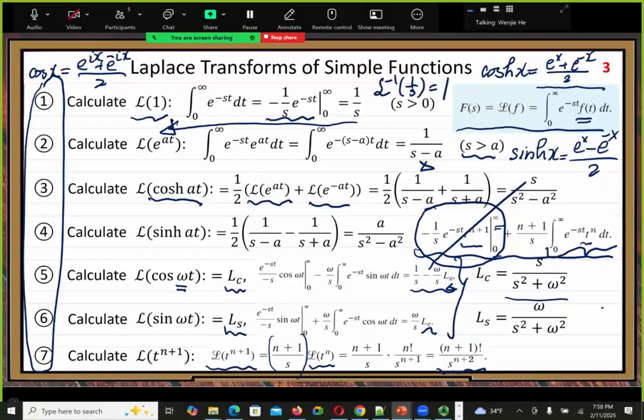You just swap input and output. For this one, the inverse Laplace transform of 1 over s minus a is e to the a t. Pretty easy, right?